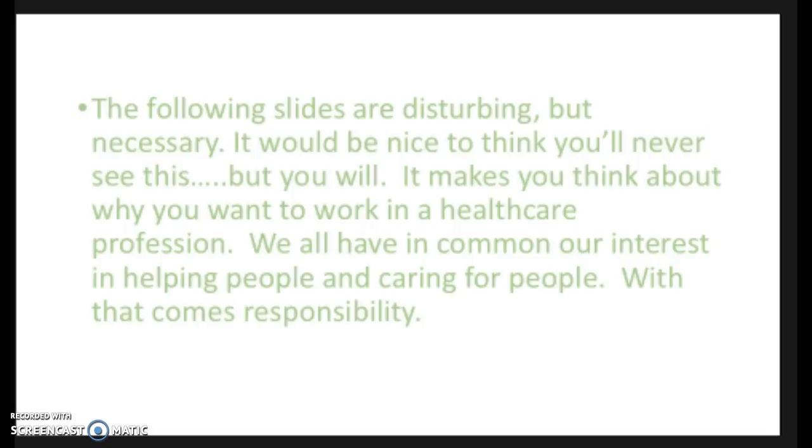Okay, the next slides go along with ribs, and the slides are a little upsetting, and I apologize for that right now. I know maybe some of you are sensitive to this, but it's important that you see and be aware of what your responsibility is when it comes to abuse.